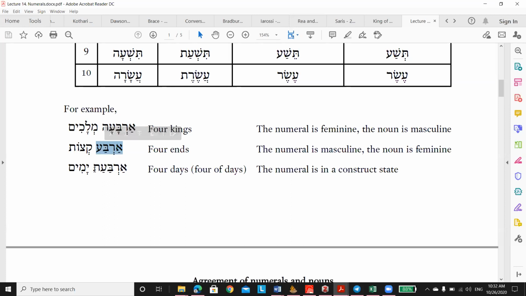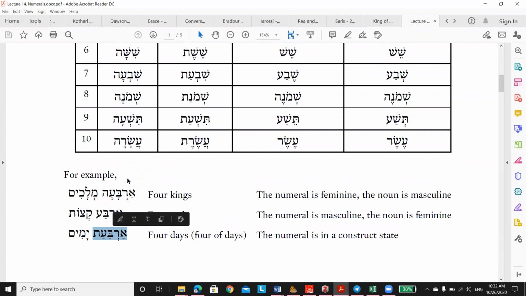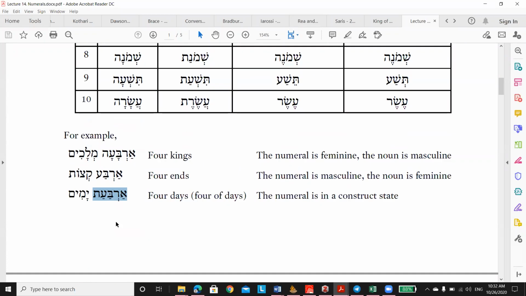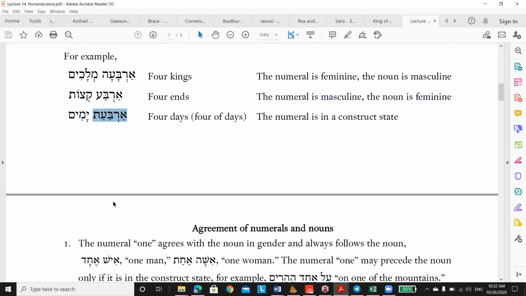And this one, Arba'at Yamim, 4 days, or 4 of days, because it is construct. In this case, Yom is masculine, that is why the number should be feminine. And it is in a construct state. So Arba'at is a construct state of the feminine, but it is used with masculine nouns. So I hope this is clear.